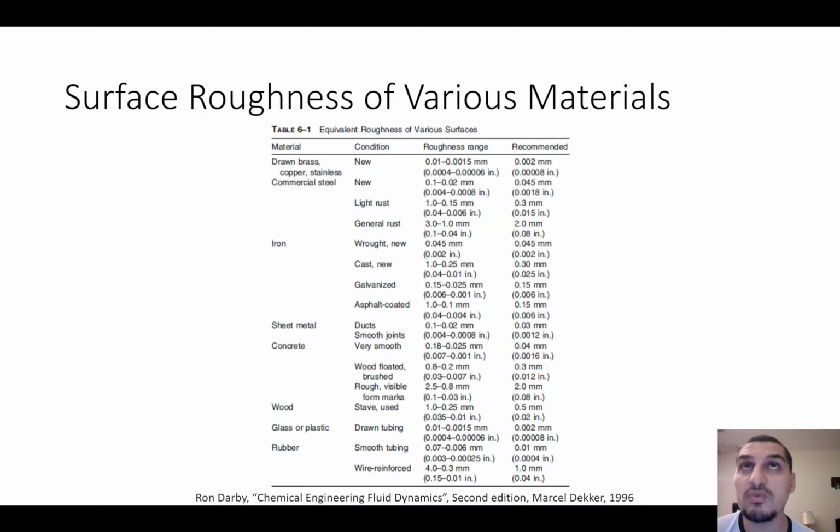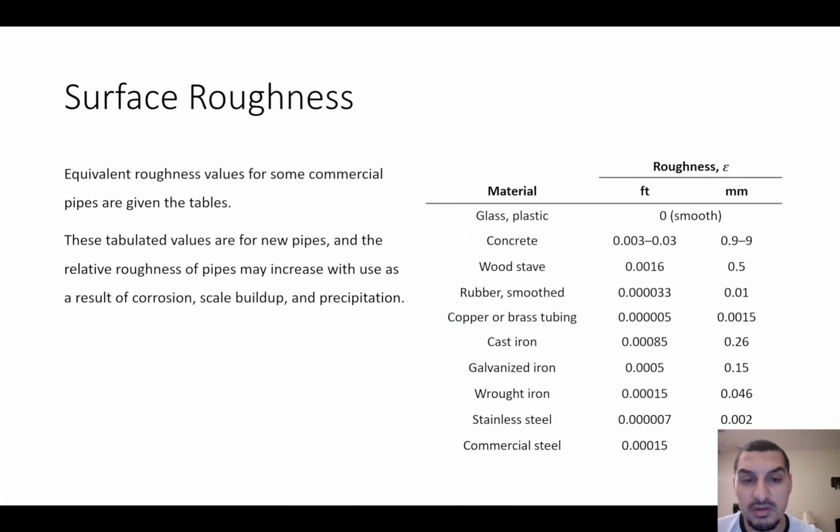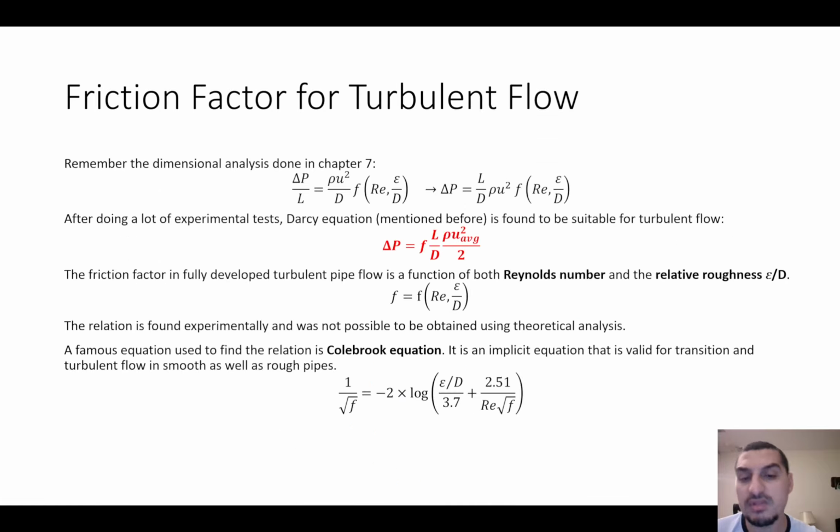There is one more option or alternative for this equation. Of course, dealing with this equation is not a fun thing, especially if you don't have a tool to do the calculations. If you don't have a calculator or computer software, it's going to be very difficult to do these calculations manually to get the friction factor.